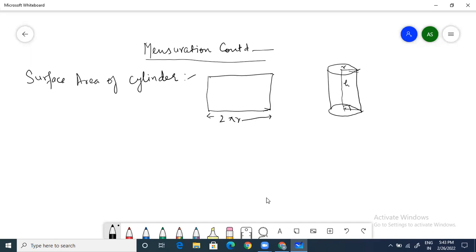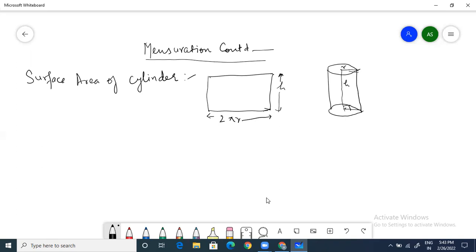So the length of this rectangle would be 2 pi r, and the height will be the same, which is h. Any questions so far? This is very important to understand, how you can visualize a rectangle into a cylinder as well as a cylinder into a rectangle.